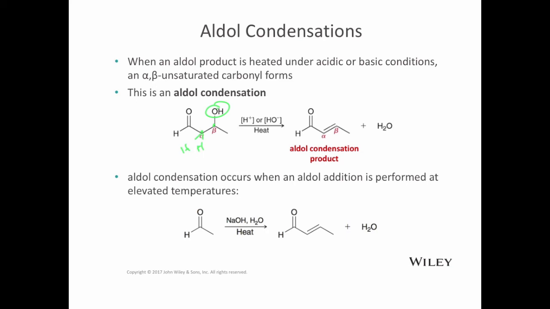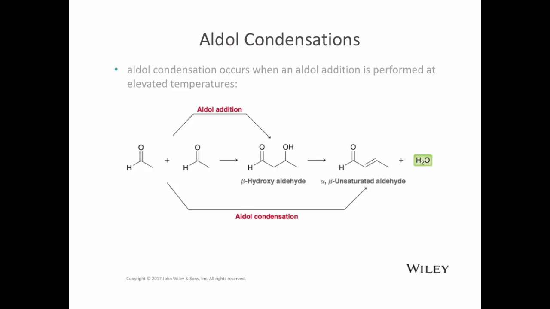And aldol condensation occurs when you perform the aldol at high temperatures. So here we have the aldol addition, but if you do that at high temperatures, it will likely proceed to the unsaturated aldehyde, so it will go through the aldol condensation as well.